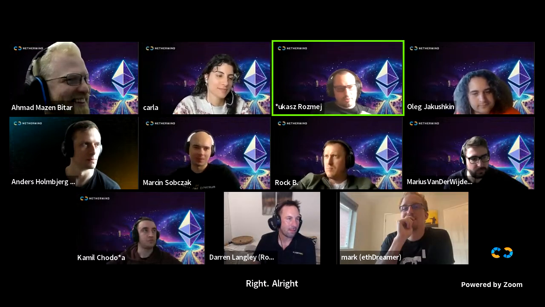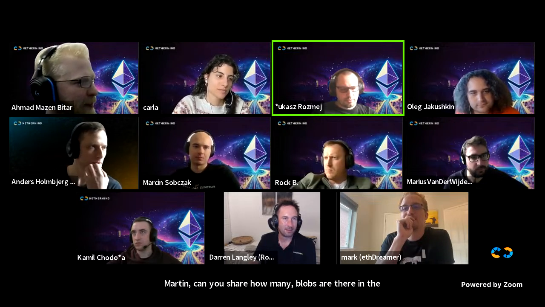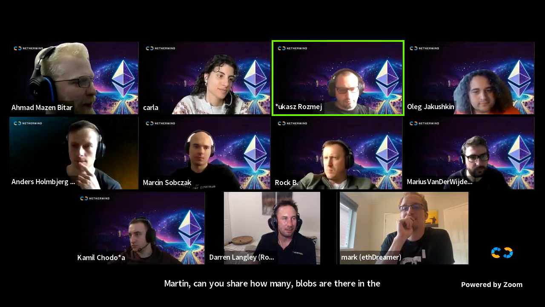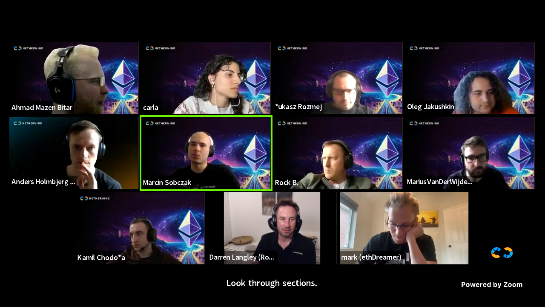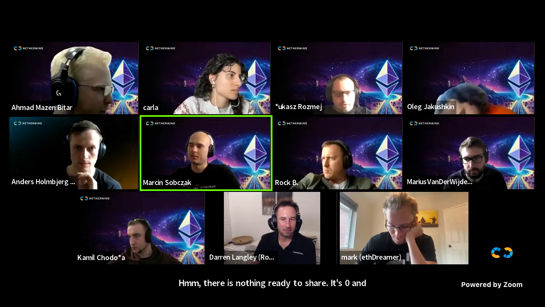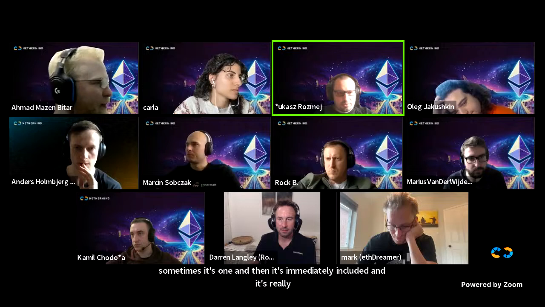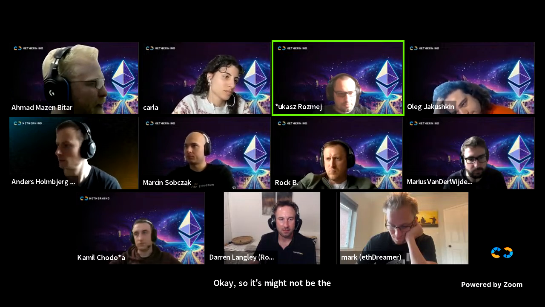Martin, can you share how many blobs are there in the mempool? Blob transactions? There is nothing really to share. It's 0, and sometimes it's 1, and then it's immediately included, and it's 0 again. Okay, so it might not be the builders not being eager to add the blobs, there just are no blobs to add most of the time.